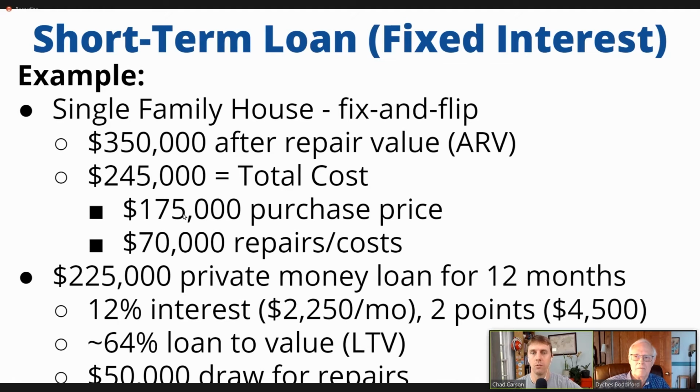You show me evidence that the work's done, or I'll come inspect it, and then we'll give you the rest of the loan at that point. But the interest is being charged on the entire amount because that private lender has to set that money aside and have it available for the borrower. So it's more of a protection for the lender to hold that money back in a draw and then give them the money once that work has been done on the property.